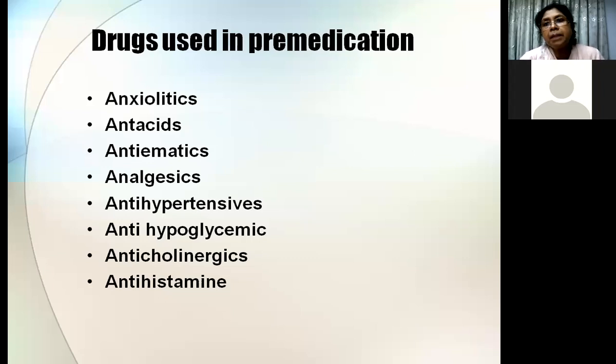Then people come with pain. If they have a wound, to go for wound toilet or suturing, they are in pain. So the analgesic effect is very important to reduce their pain. So analgesics are also part of it.